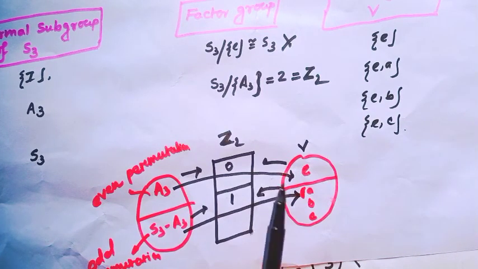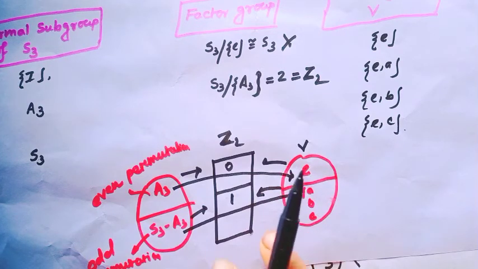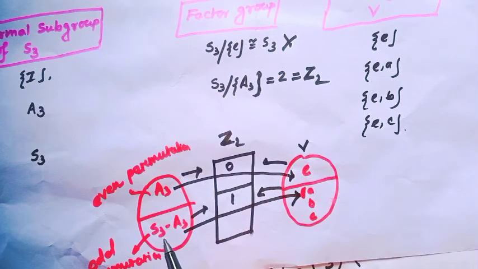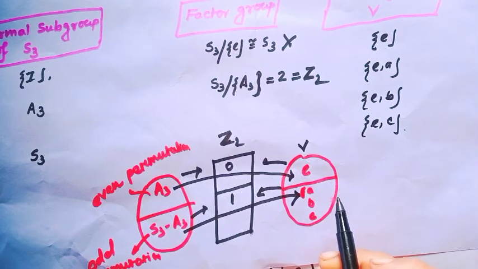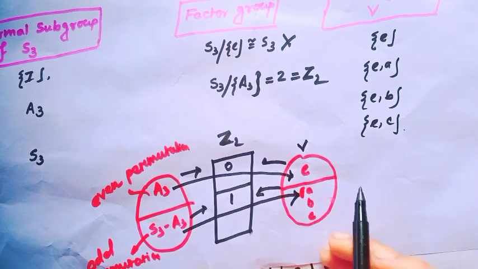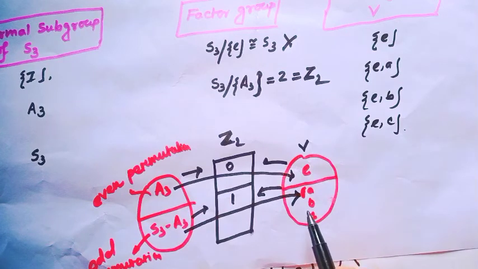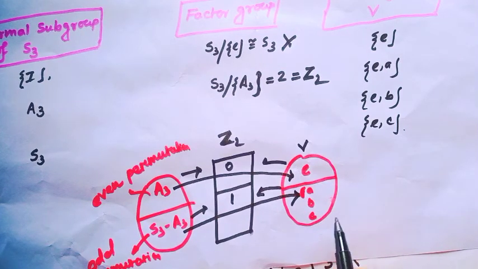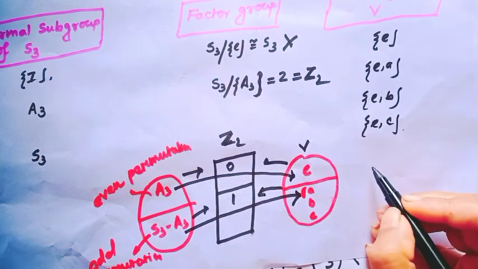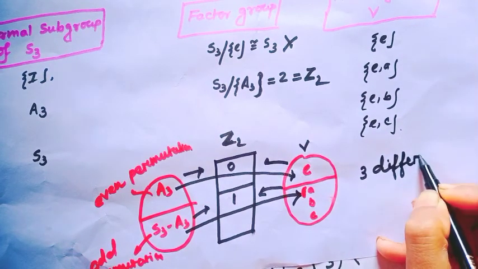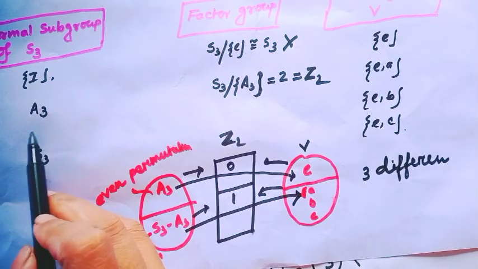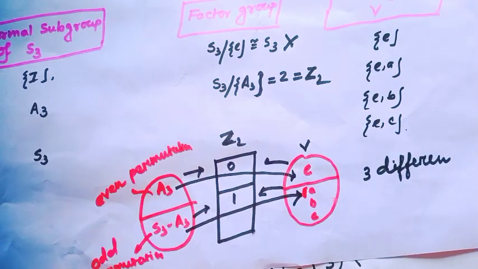Okay. And there is one possibility: all odd permutations map to A. Another possibility is that they can be mapped to either B or C. So there exist 3 different homomorphisms with kernel A3. Are you getting? Okay.